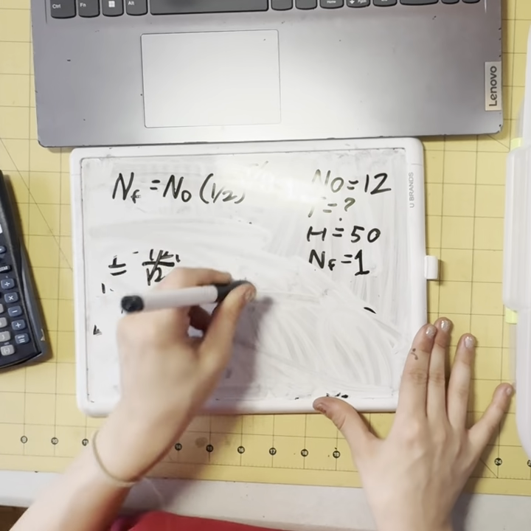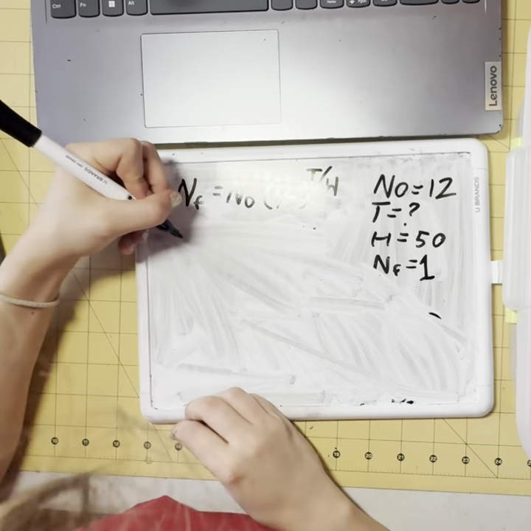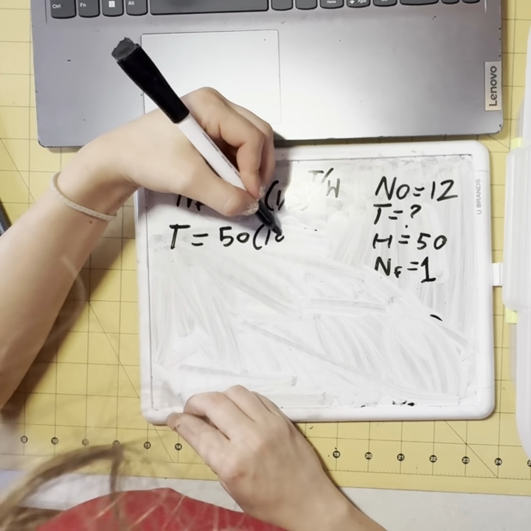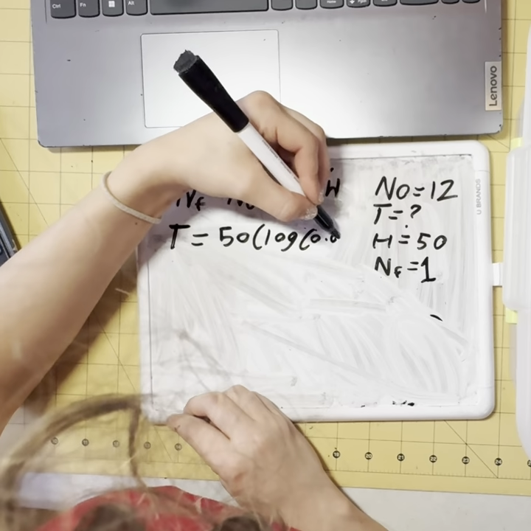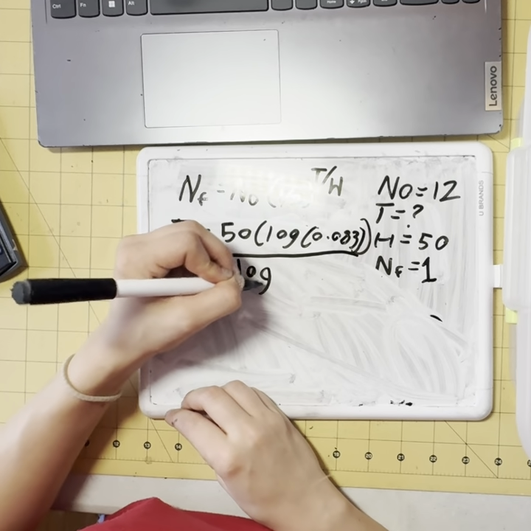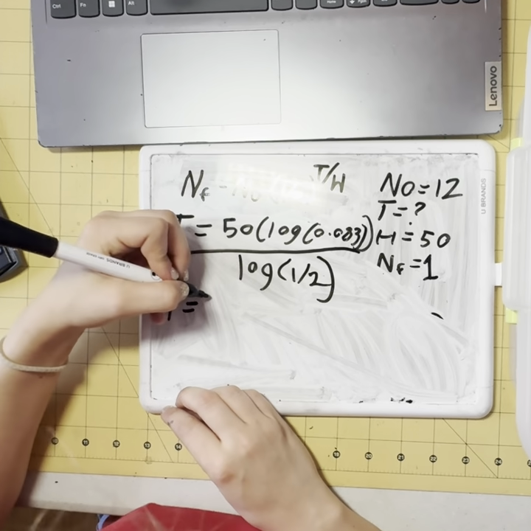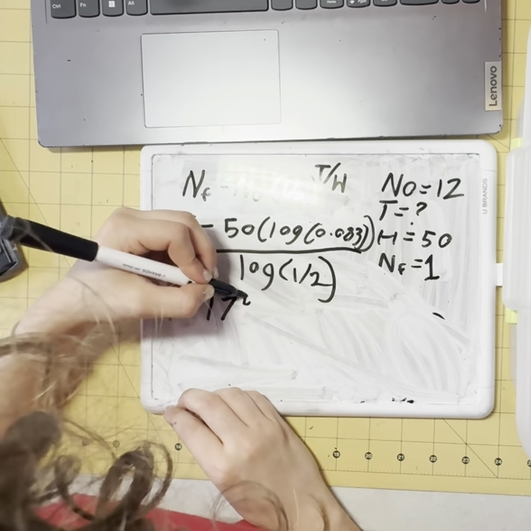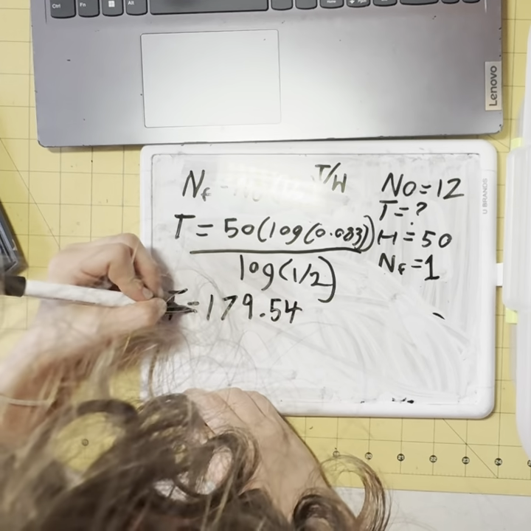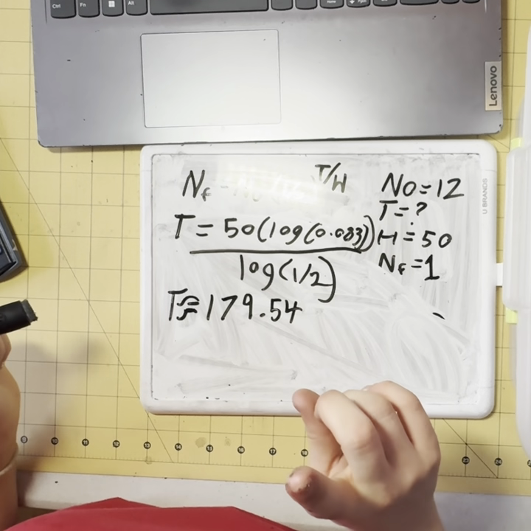I apologize for the size of my whiteboard. I am currently at my grandparents' and don't quite have my normal material. So I would say the time is equal to 50 times log of 0.083 divided by log of 1/2, which will come out to t is equal to 179.54 approximately. So that's saying it'll take 179.54 years for there to be only 1 gram left over.